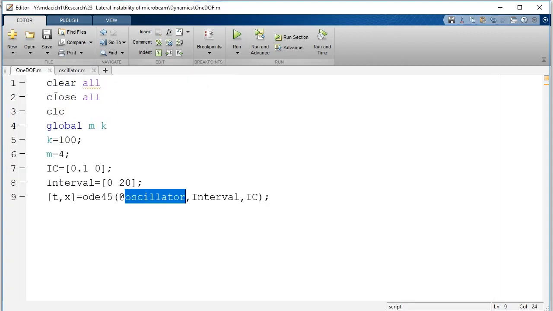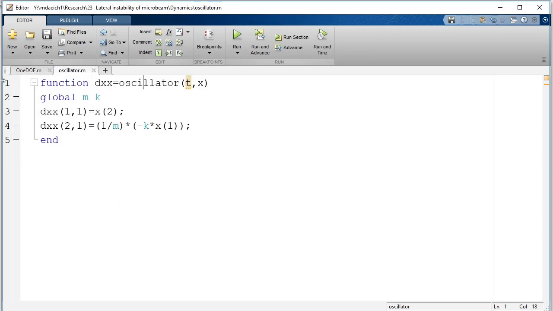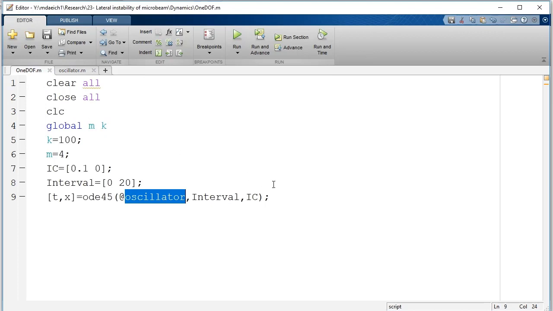MATLAB goes line by line, and when it reaches this point, it realizes that we are calling on this function and goes and runs this code. So basically this is all we need to solve that equation. And right now if I run this, we should be able to solve this.